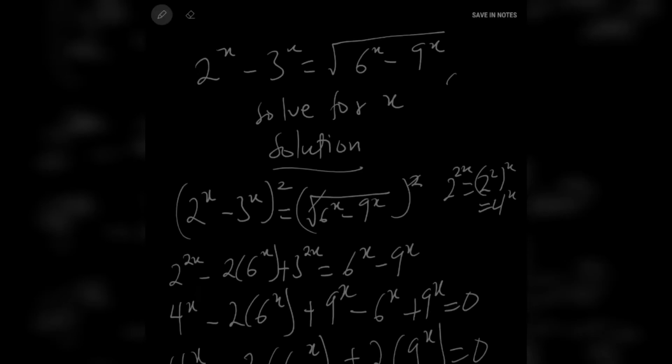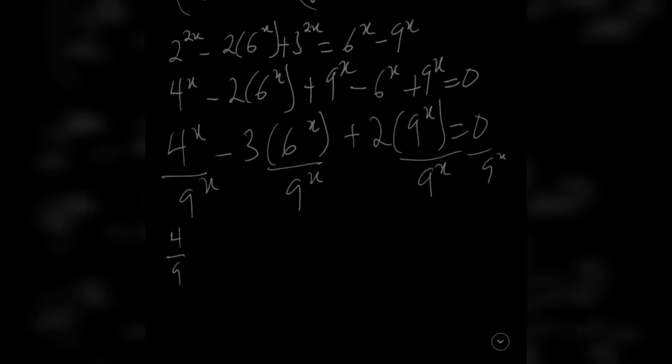If you have a power x over b power x, it is the same thing as a over b all power x. So this can be 4 over 9 all power x minus 3 times 6 over 9 all power x, then plus 2, because the 9 power x cancels out, equals 0.